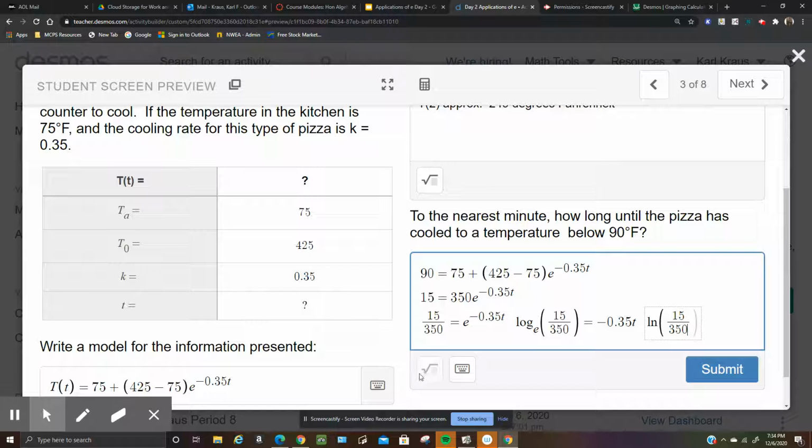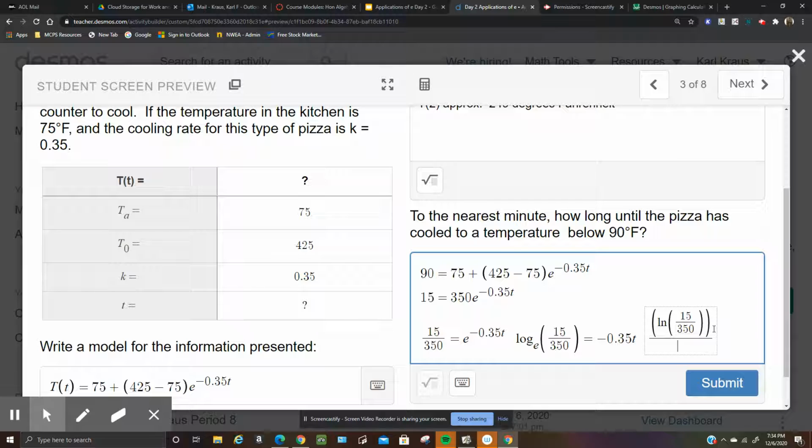I want to put parentheses around this whole thing here, and I divide by negative 0.35 equals t.